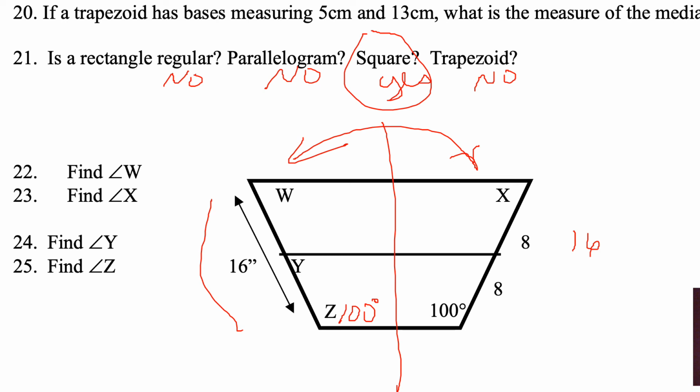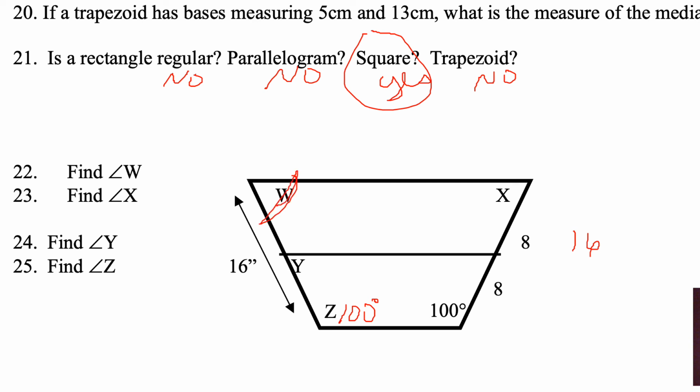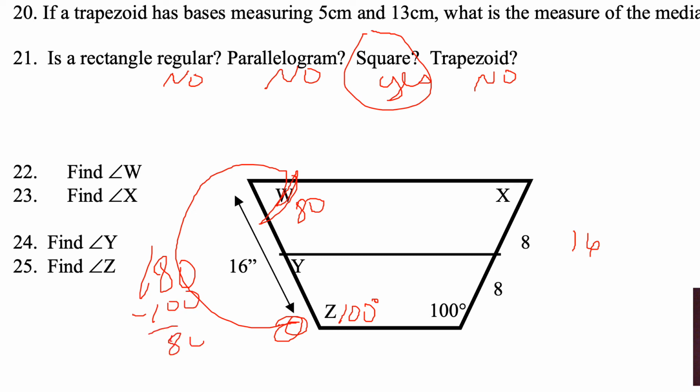What it does is the same thing that parallelogram and the other pieces do. If they're sharing that leg from this corner to this corner, it's going to make 180. So W up here will be 80. 180 minus 100 gives me 80. And so now X matches 80, because that's that isosceles trapezoid piece matching across there.